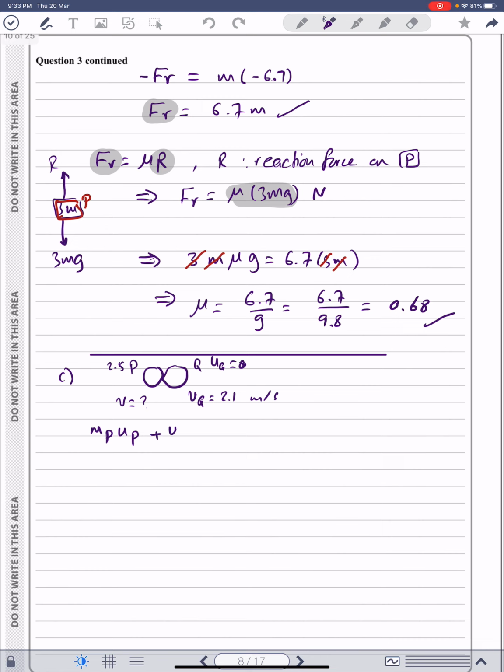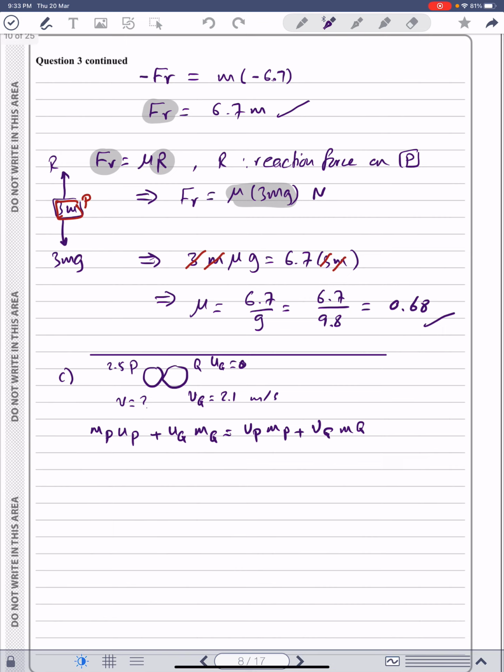M of P, U of P, plus U of Q, M of Q, equals V of P, M of P, plus V of Q, M of Q, which is M1 U1 plus M2 U2.